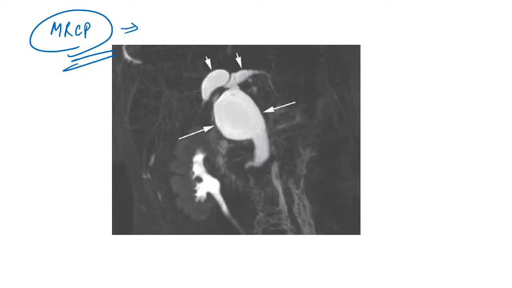No, this is not an aneurysm. Okay, this is the MRCP image of the abdomen in which you are able to see the biliary radicals. Right? So tell me, what are you able to see?